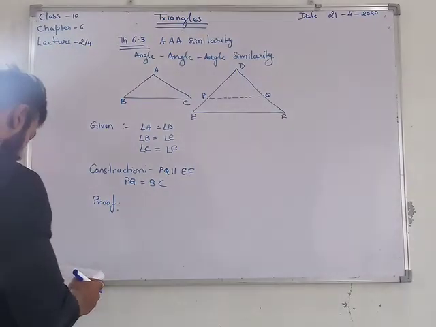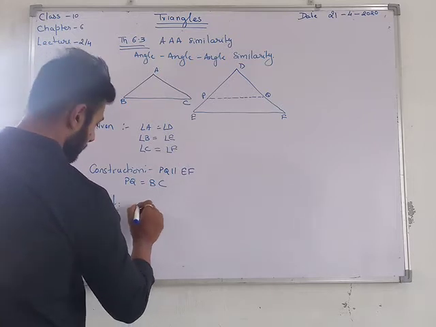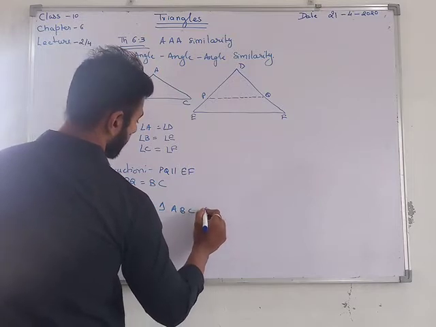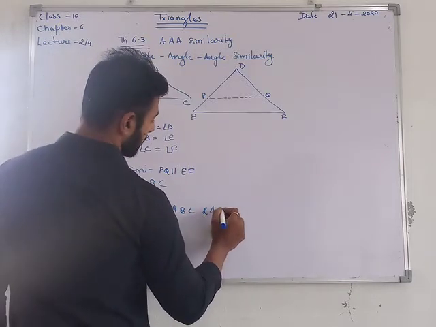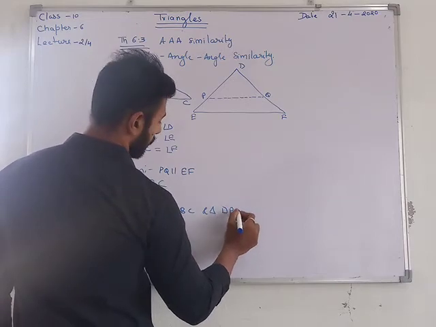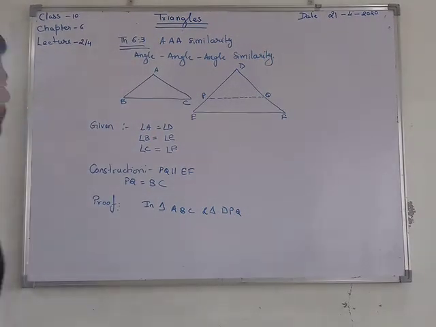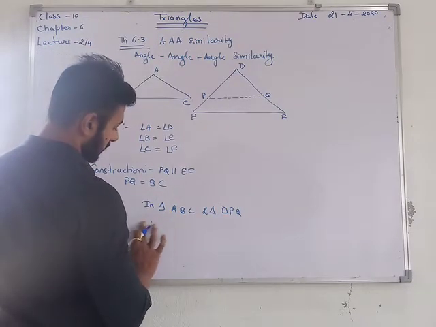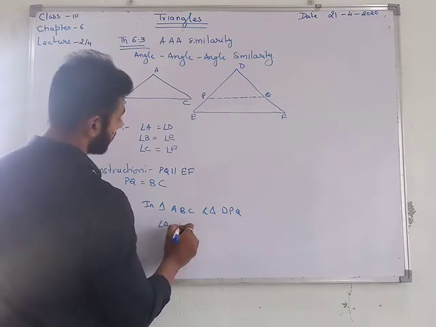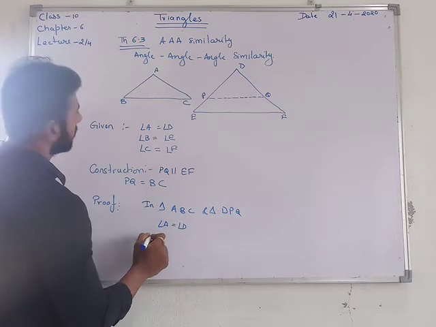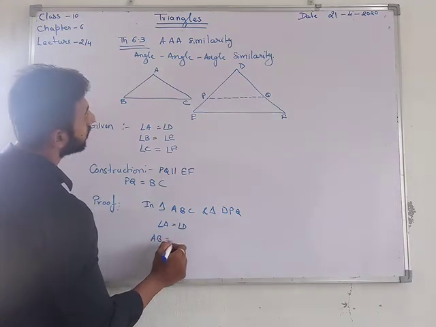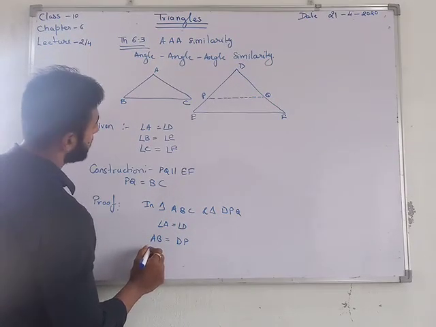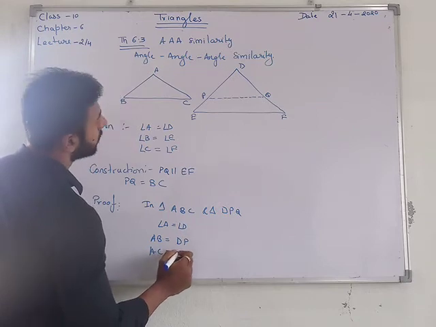In triangle ABC and triangle DPQ, angle A is equal to angle D. Now AB is equal to DP and AC is equal to DQ.